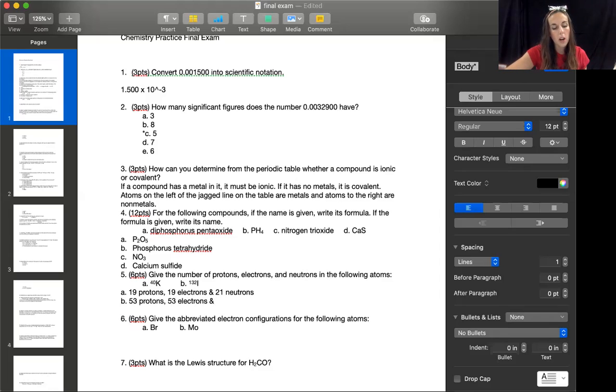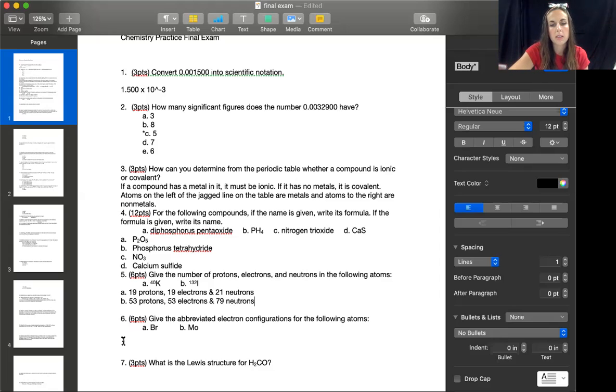We're going to subtract 132 minus 53. Let me get my calculator because it's too early to do that in my head. Okay, 132 minus 53. That means I have 79 neutrons. All right, that's your answer for number 5.